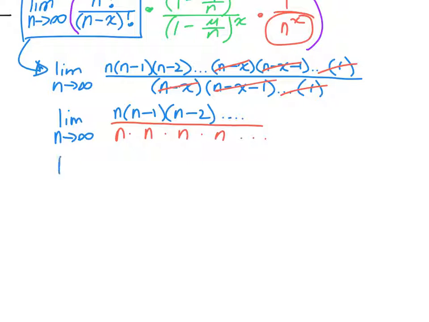Making separate fractions out of that is going to help us come up with a limit: n over n times n minus 1 over n times n minus 2 over n times whatever.